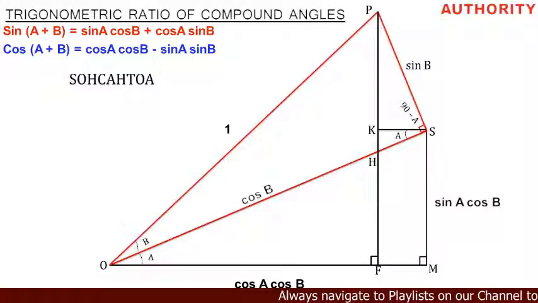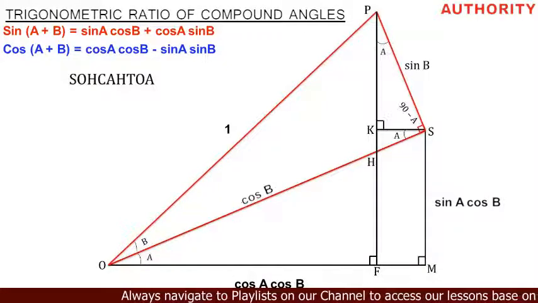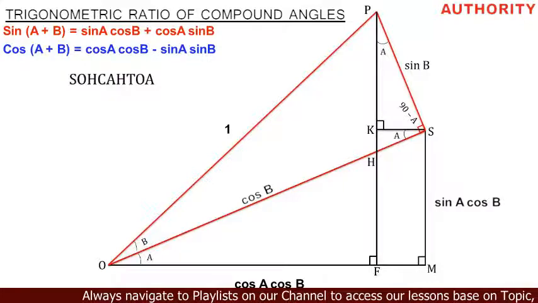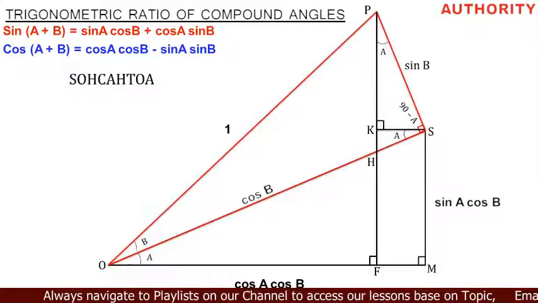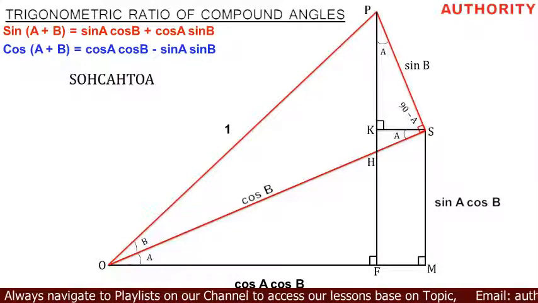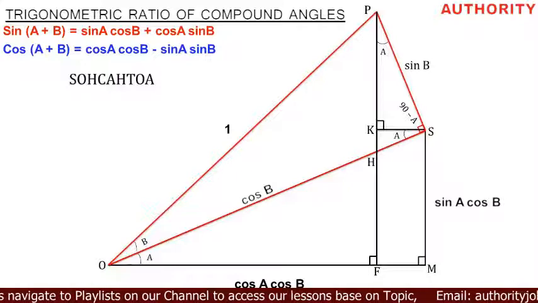Now as we draw the line SK, we are having a triangle PKS. PKS is a right angle triangle, and we have our 90 degrees here.